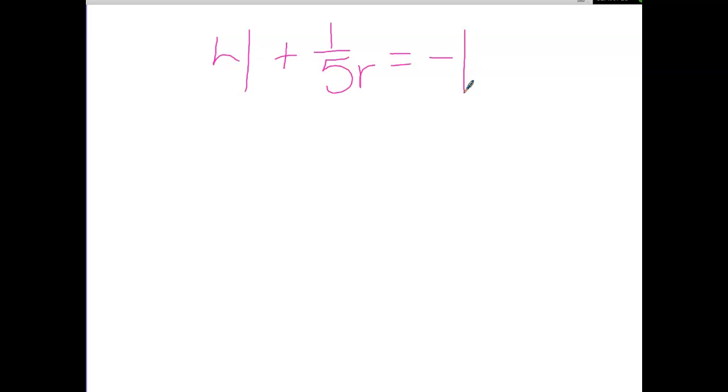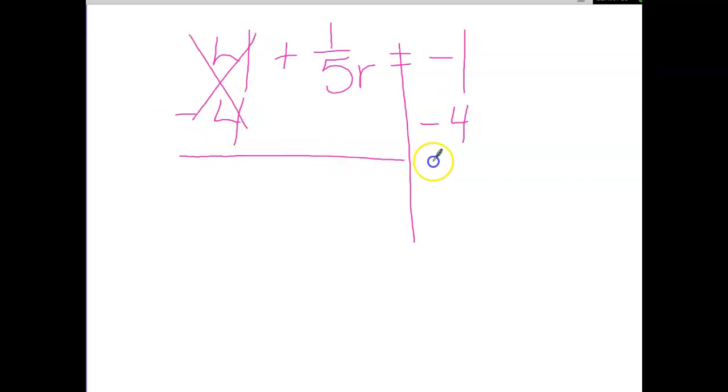So again, we draw our line down the middle of our equal sign to split up our equations. I always look on the side that has the variable, so I have 1/5 r, so there's my variable, and with that I have 4 positives. So in order to get rid of those 4 positives, I'm going to add 4 negatives. This made a 0 pair.